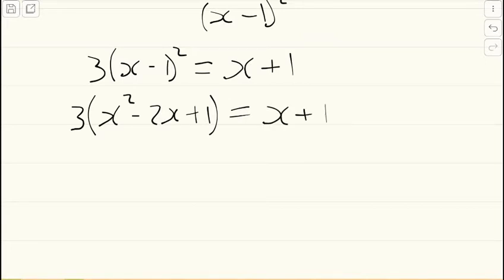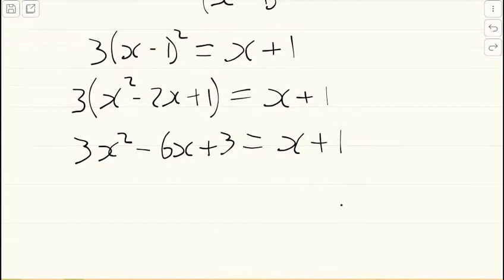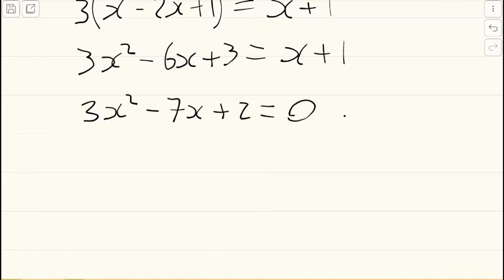Expanding the left-hand side, I get 3x squared minus 6x plus 3, which equals x plus 1. And then what I'm going to do is just make everything equal to 0. So I get 3x squared minus 7x plus 2, which equals 0. And that's what we were asked to show.